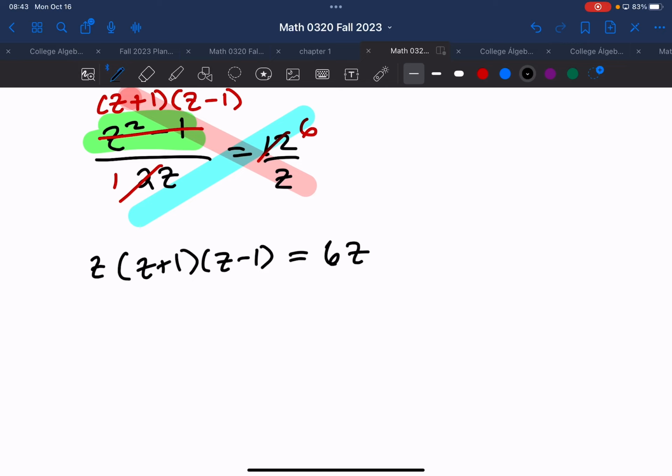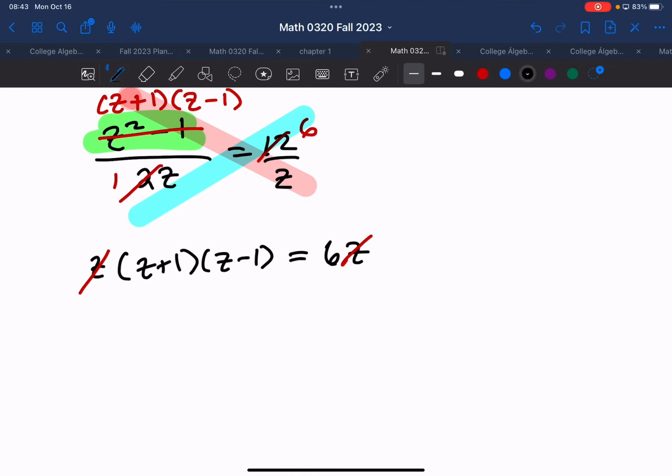Okay. Now looking at this problem here, what could we cancel on both sides? What do both sides have in common? A z, because they're all being multiplied, right? And since they're all being multiplied, we're able to do this. So I'm going to cancel the z on either side.